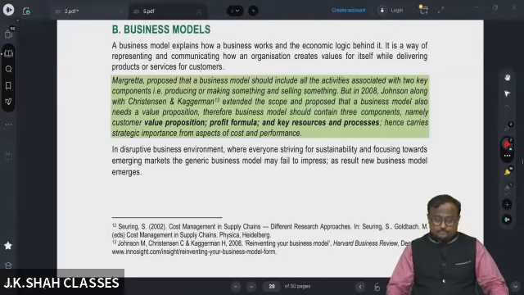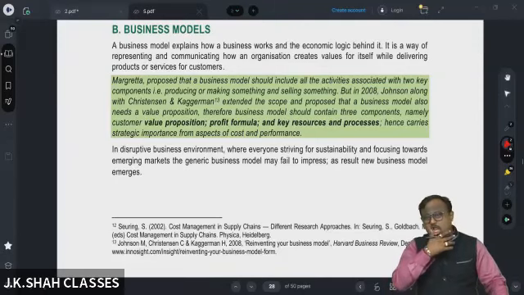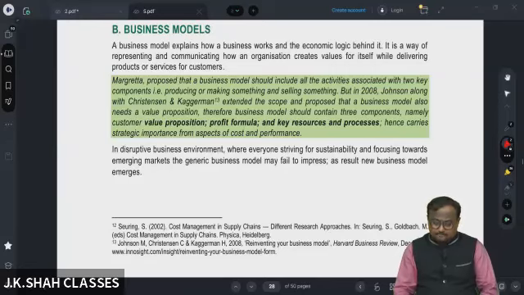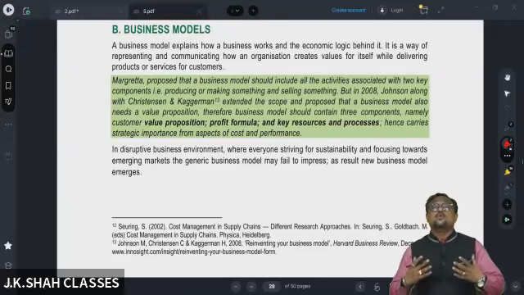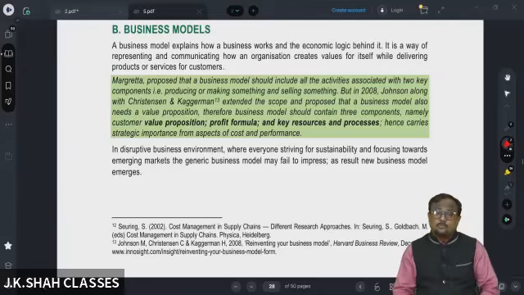First of all, what is a business model? It basically tells you how the business works, how the system works, and how you can actually create your own place in the competitive market. It can start with entering into the market till you capture the entire market.